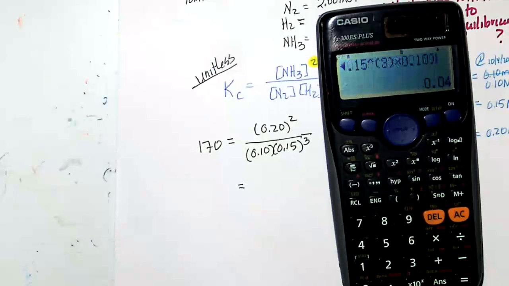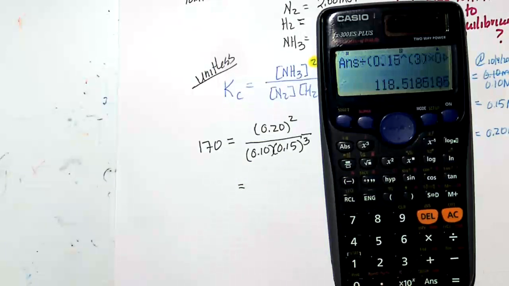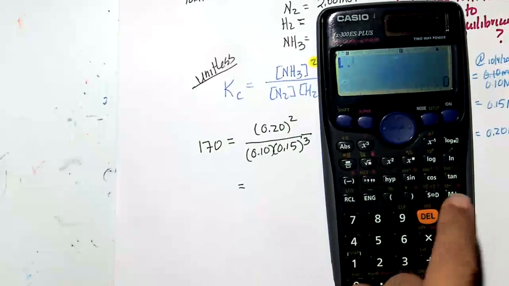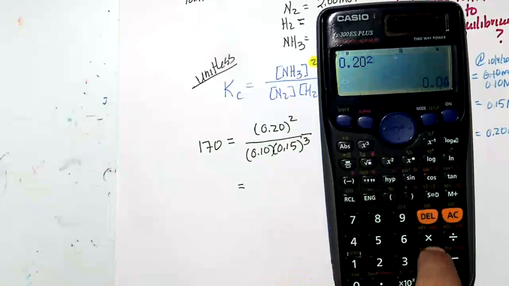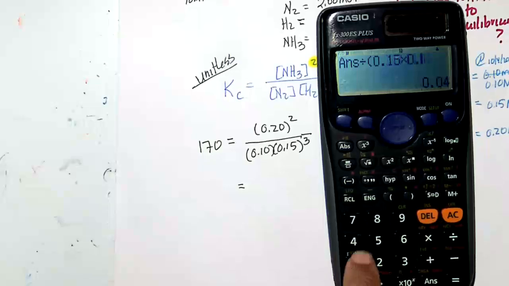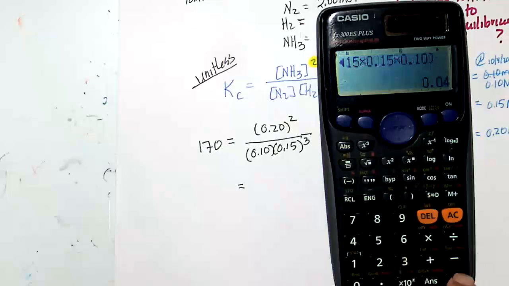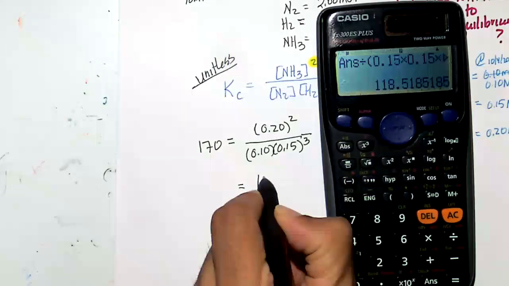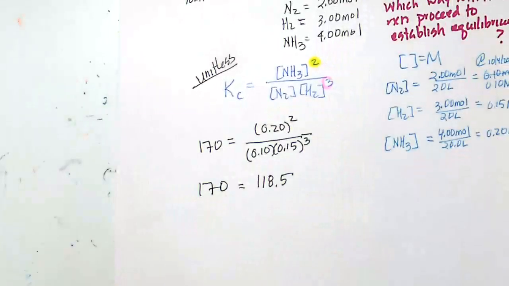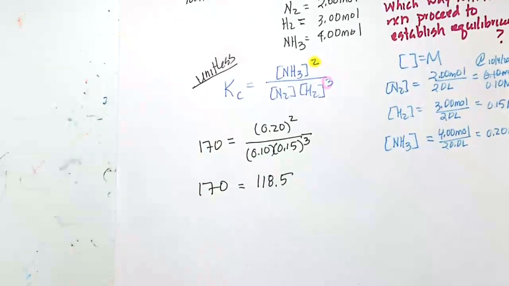This looks really crazy on my calculator. You get 118.5. Doing this on my calculator, I got 118.5, so I think this is the right answer.